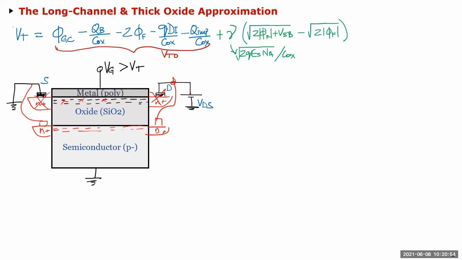If the inversion layer is not there, then it'll be off, in the sense that I cannot conduct between this source and drain. But once a channel is formed, because the majority carrier here is electron, and the majority carrier here is electron, then I'll be able to conduct current through by applying a voltage across this, right?